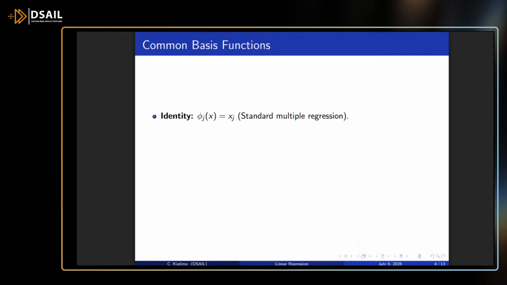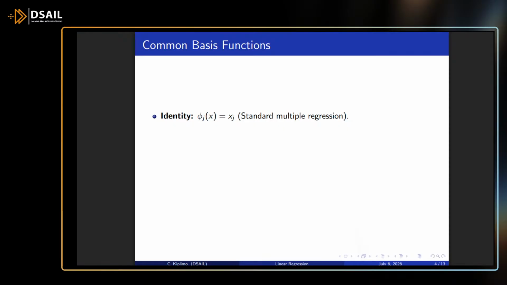So let's look at examples of basis functions. This is an example where phi j of x is simply the element xj. So it is completely linear. It is both linear in the parameters and linear in the inputs, because the inputs x0 all the way to xm are simply scalars.